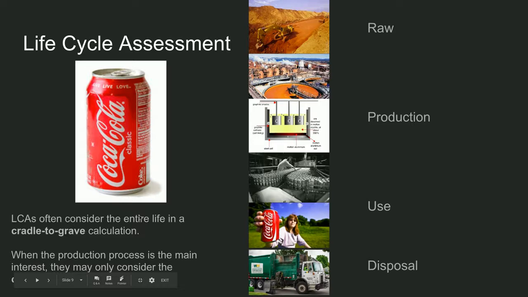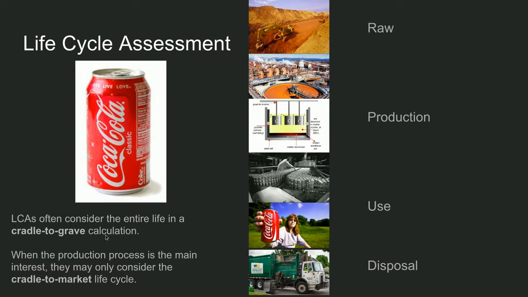Now, there's a couple different types of ways we can go about calculating life cycle assessments. If you consider all of these phases of production, use, and disposal, it's called a cradle to grave calculation. We want to look at the total environmental impact all the way from the mining of raw materials to the final disposal of those items. But oftentimes, life cycle questions really focus on optimizing the production process to either make them more environmentally friendly or more efficient in some other way.